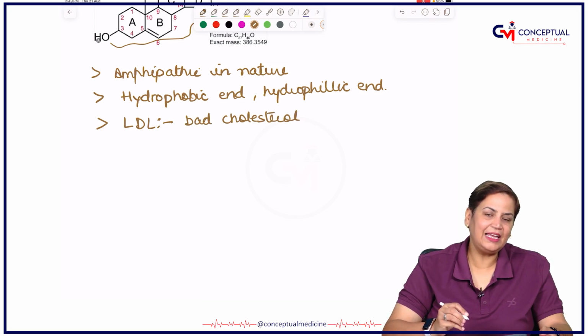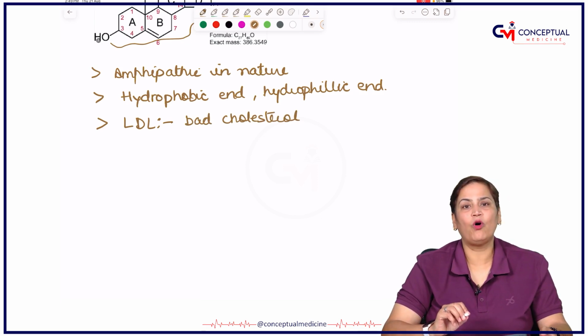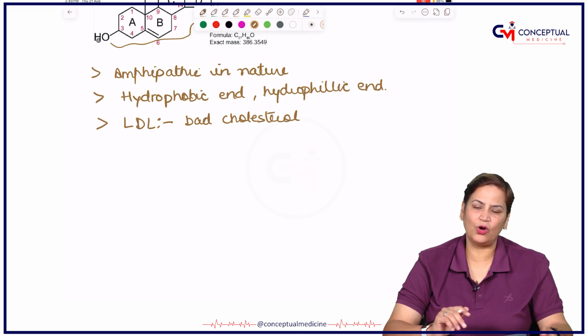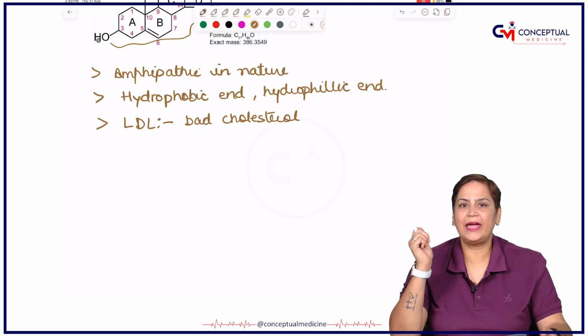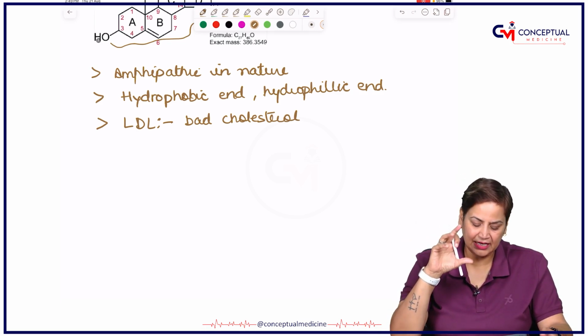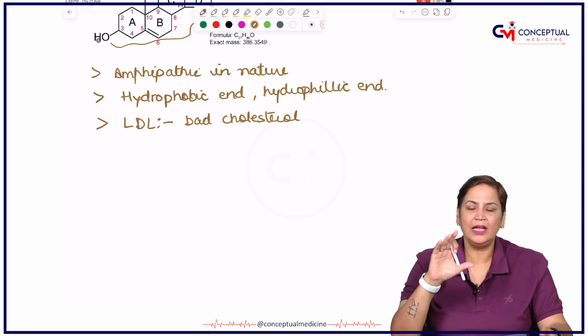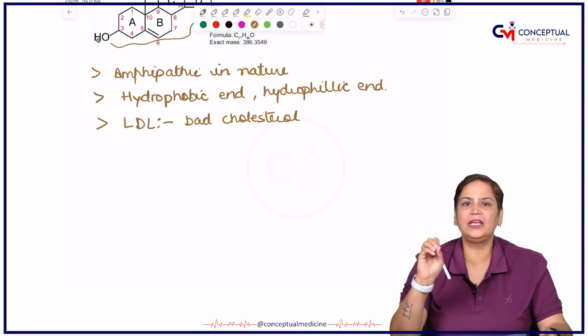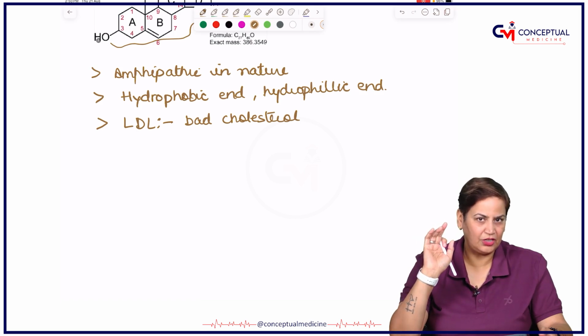Why? Because LDL is responsible for carrying cholesterol from the liver to the extrahepatic tissues. So basically LDL is taking cholesterol and depositing it in the extrahepatic tissues.